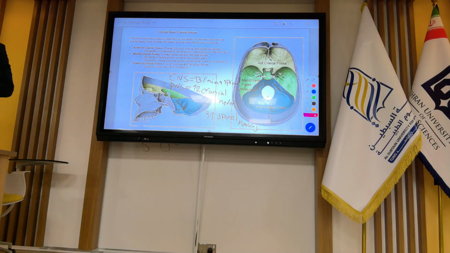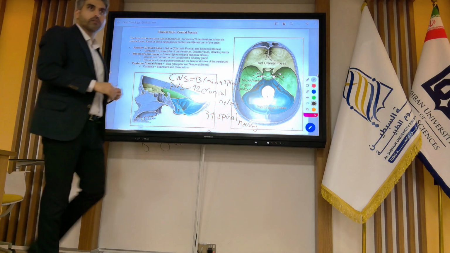So these 12 cranial nerves should go out from the skull, or some of them, being sensory, come into the skull. So they need some foramens and canals.